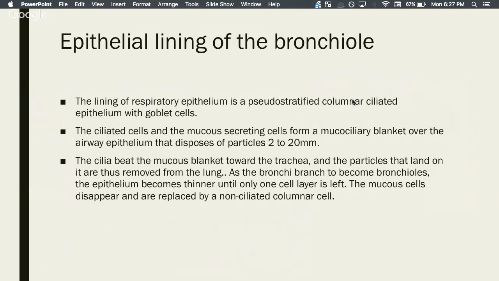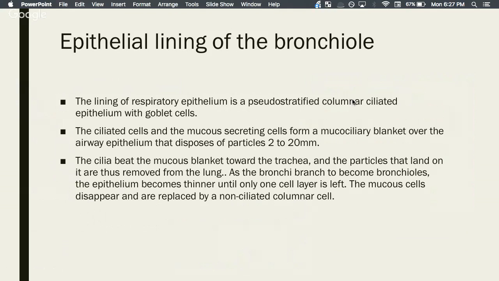In terms of the epithelial lining of your bronchioles themselves, they are lined with pseudostratified columnar ciliated epithelium and goblet cells. So what happens is these ciliated cells and your goblet cells form a mucociliary blanket over the actual airway epithelium, and the cilia slowly beat the mucous blanket towards the trachea, therefore cleaning your lung.